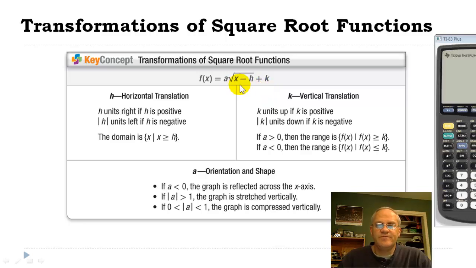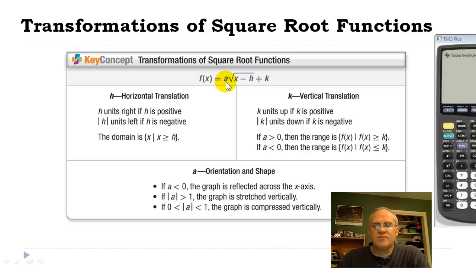In the middle is the h, and remember, it's x minus h, so this is kind of reversed. If this is minus 5, that'll actually move it 5 to the right. If this is plus 5, that counts as minus a negative, so it'll move it 5 to the left. This is the one that's a little backwards, but it's the same as before.